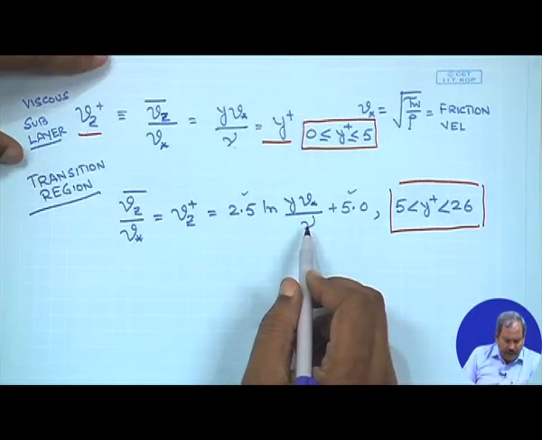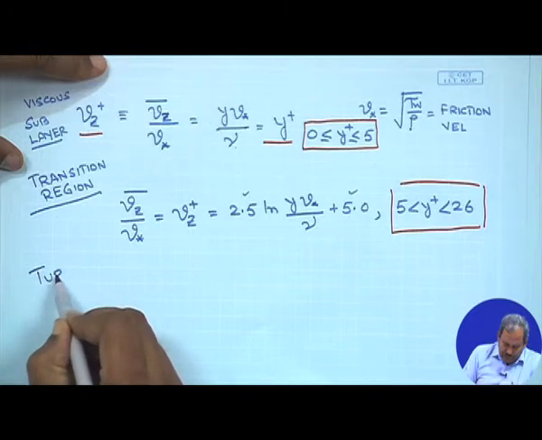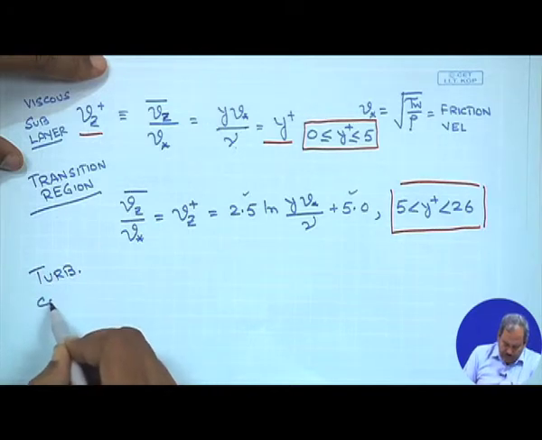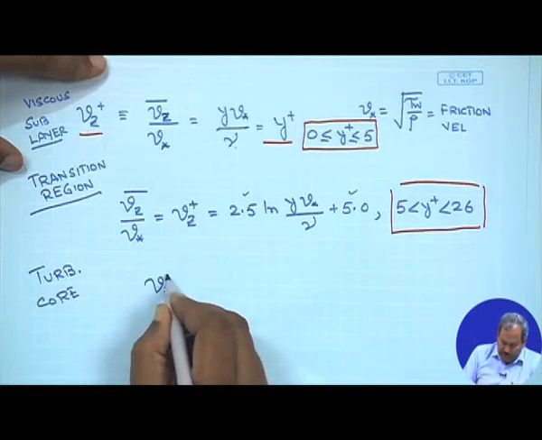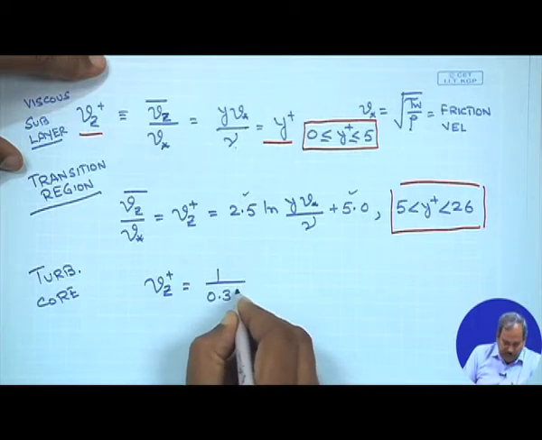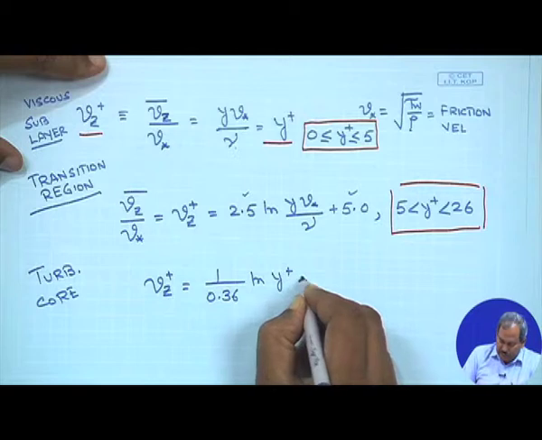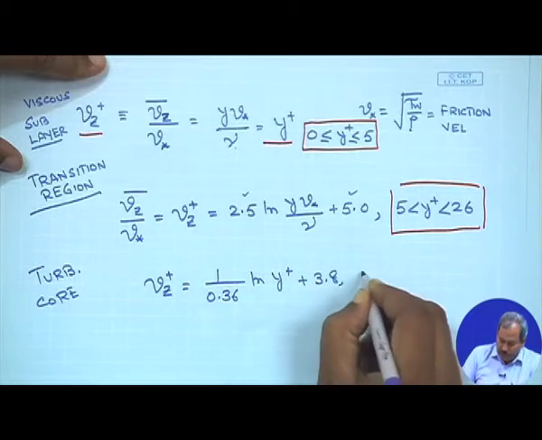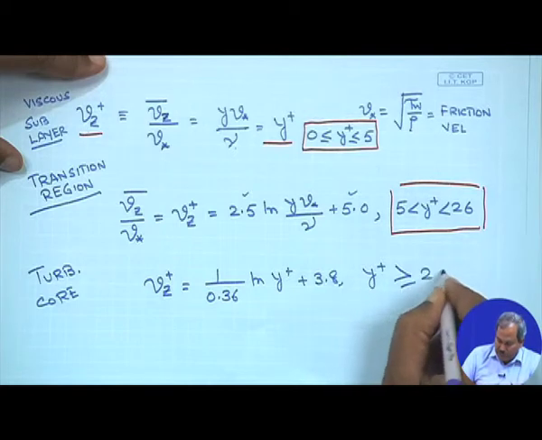So, they are averages over many experiments. And for the turbulent core, the expression is V z plus is equal to 1 by 0.36 ln y plus plus 3.8, where y plus is greater than or equal to 26.